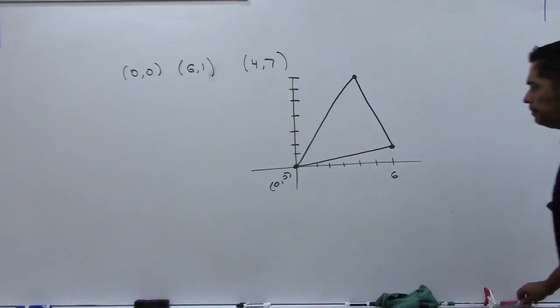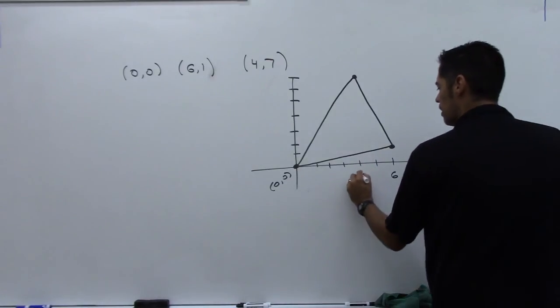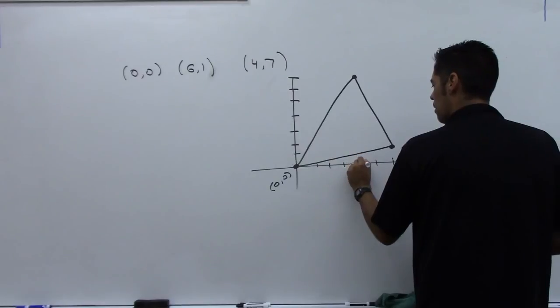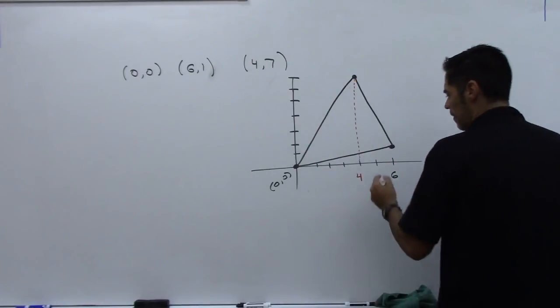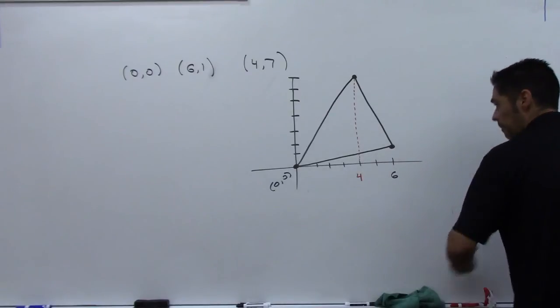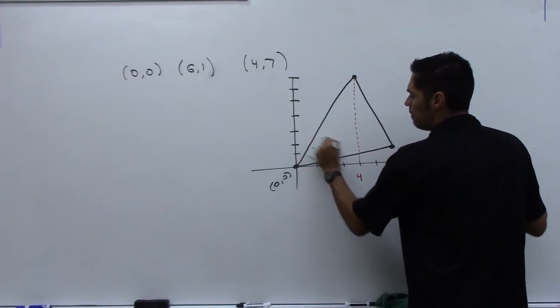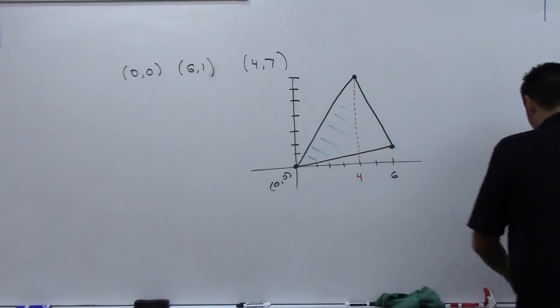So here's what we can do. Using calculus, we know this was 4. We can try and find the area of two separate regions here. We can find the area here, and then the area here.